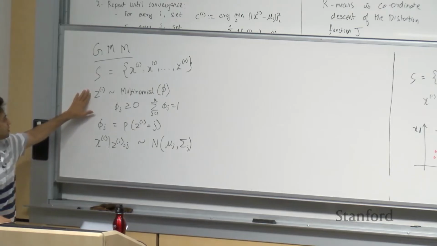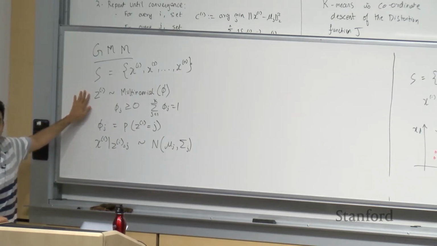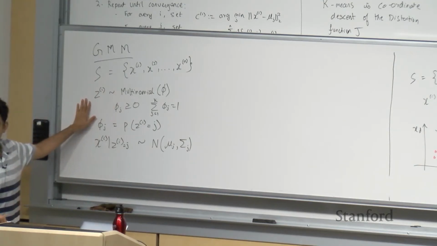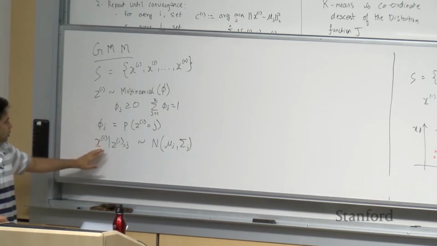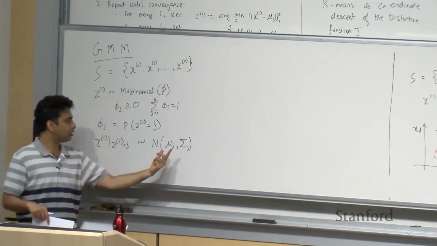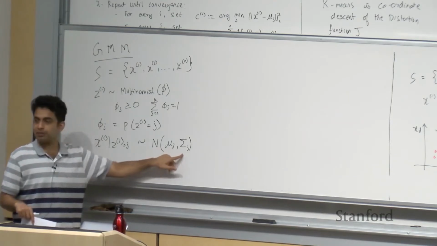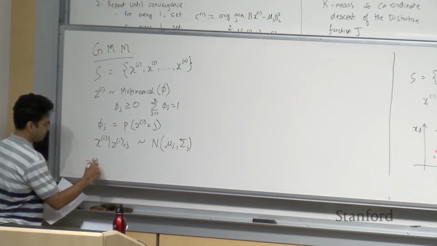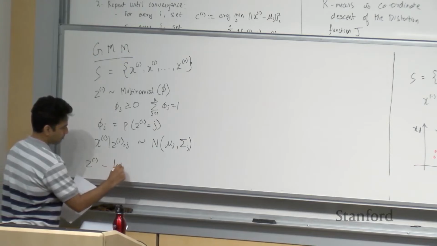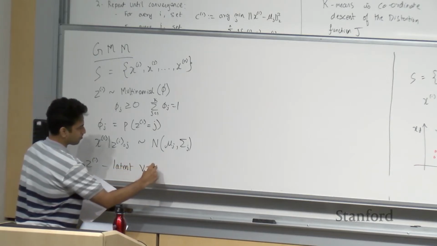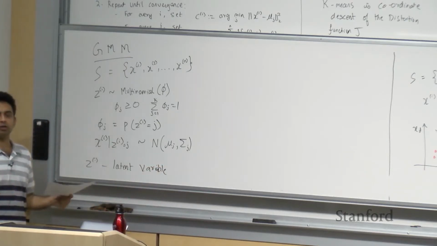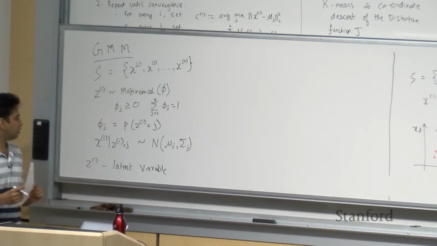In this case, there is this underlying z that we do not observe, that is sampled from some multinomial distribution, and depending on the identity of the cluster that we sample, the observation is then sampled from a corresponding Gaussian distribution that has a mean and covariance specific to that cluster. Right? In these cases, the z_i's, because they are not observed, are called latent variables. So a latent variable is a fancy name for a random variable that we have not observed. We have just not seen what its value is, and that's why we call it latent.